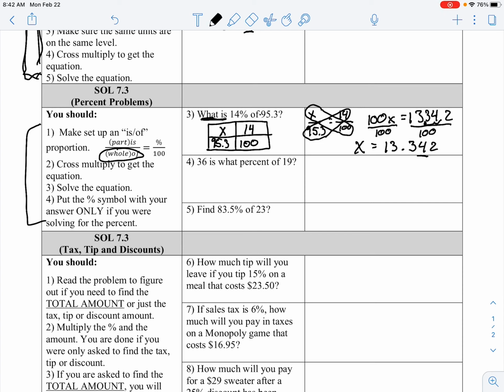Remember, we are rounding to hundredths, so I'm going to take my 4 and look to the right. That next number is smaller than 5. So we're going to get rid of that 2, not that part of the 4. Whoops. So 13.34 is 14% of 95.3.